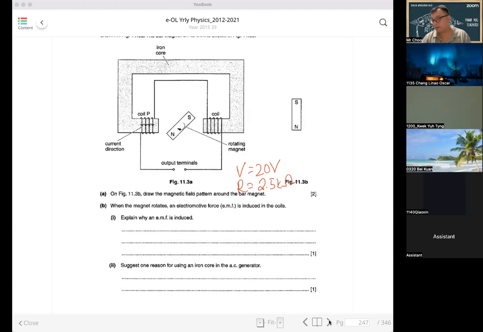What is the maximum power? So can you actually calculate?